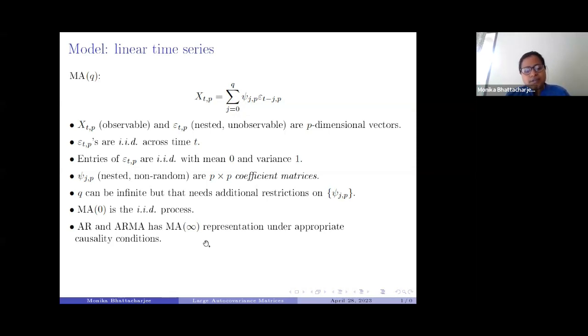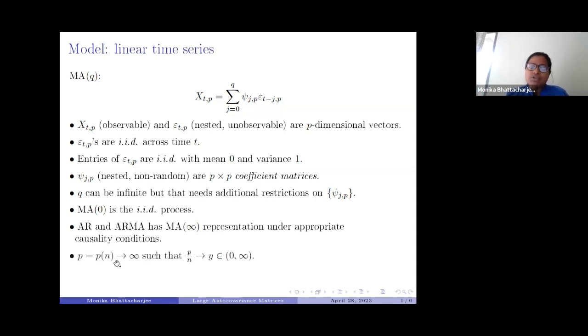In the high dimensional setup there is also a causality condition, not exactly the same but a little different, under which we can express AR and ARMA processes as MA infinity processes. Therefore, the MA infinity process is a more general model to consider when dealing with linear time series models.